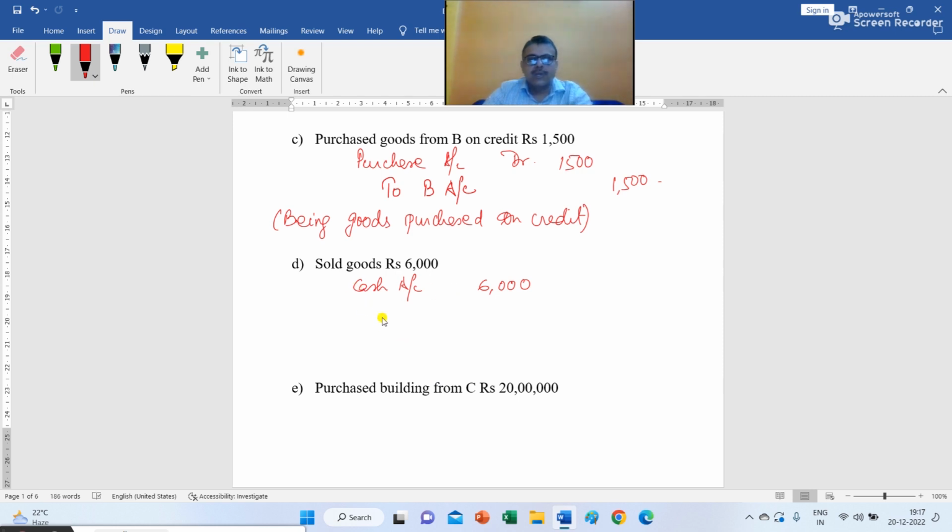So cash account debit to sales. So when there is a purchase of goods for credit, you have to write the journal entry purchase account debit to creditor. And when the goods are being sold for cash, cash account debit to sales. That is cash account debit to sales. And your narration is being goods sold.